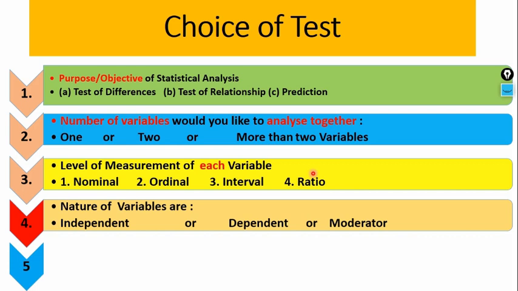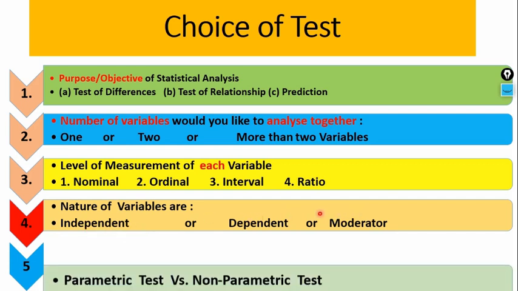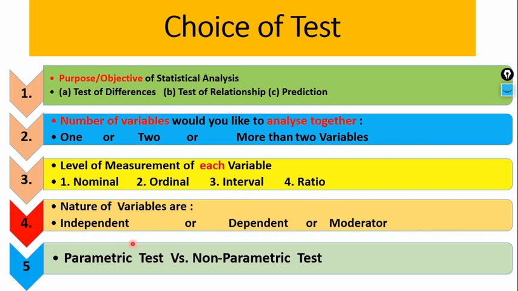Nature of variables. In your objective, for the variables you have taken in your study, you have to decide whether a variable is independent, dependent, or moderator. Then the next step comes: parametric test versus non-parametric test.